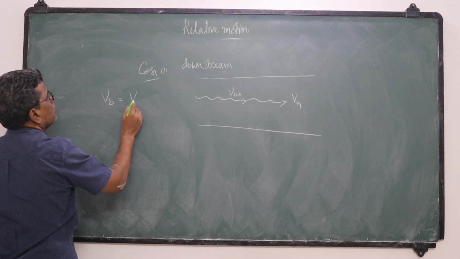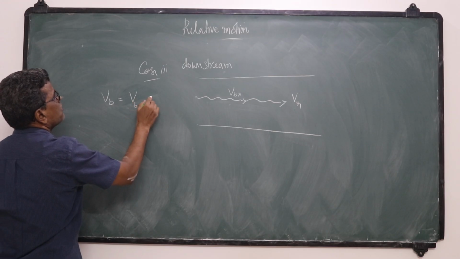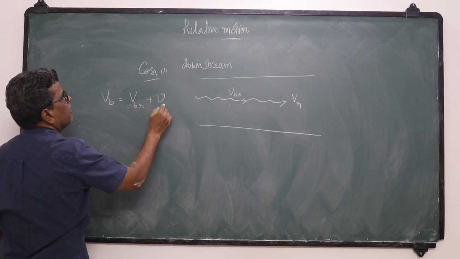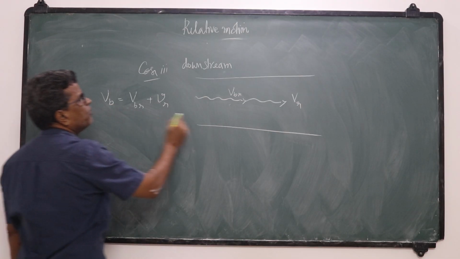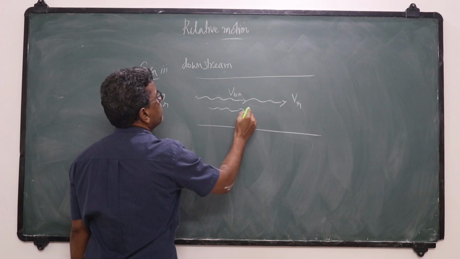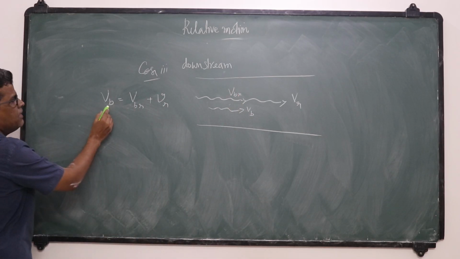So, in this case, what is the velocity of the boat? VBR plus VR. Okay? Because both velocities are in the same direction. What is VB?